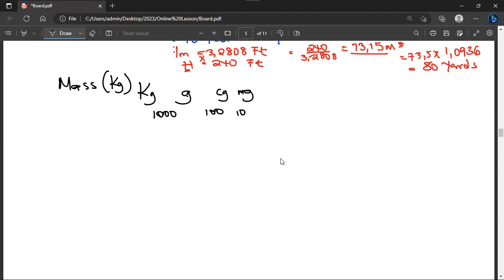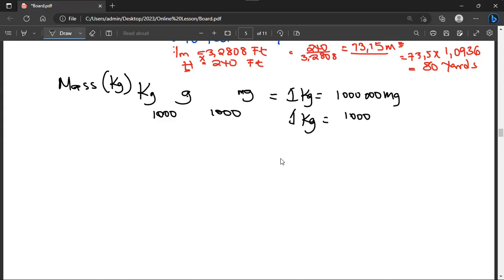Or you can remove the cm and make it 1,000. So this simply means 1 kilogram has 1,000,000 milligrams, whereas the same 1 kilogram has 1,000 grams, and the same gram has 1,000 milligrams.